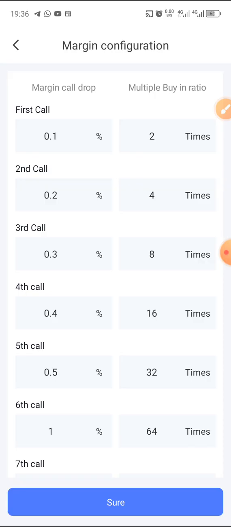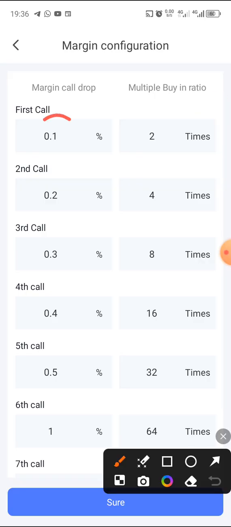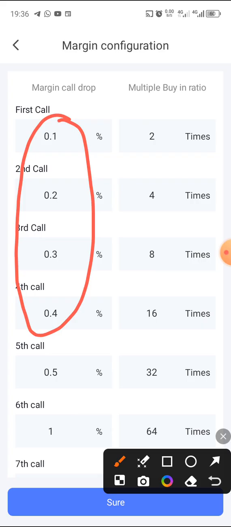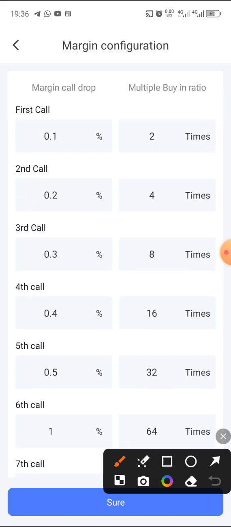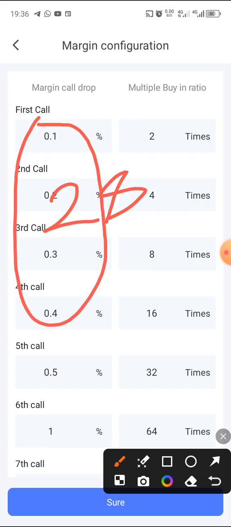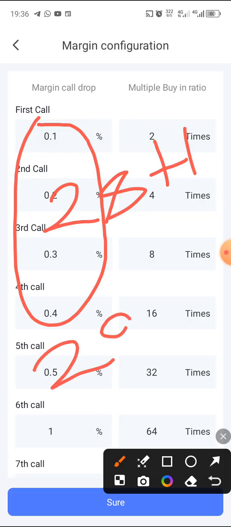Okay, so 32 minus 4 gives us 28, plus these 4 margin calls that consumed a 1%, meaning that even if the market drops by 29%, you'll be still able to make some profits.